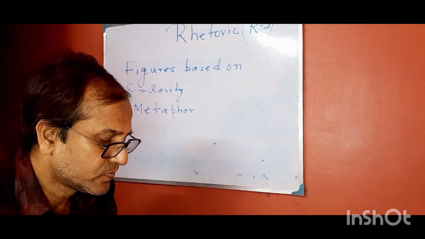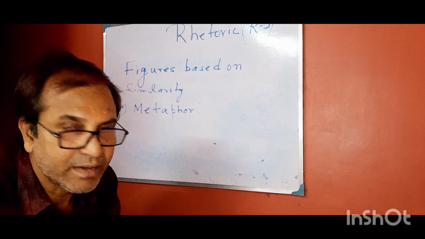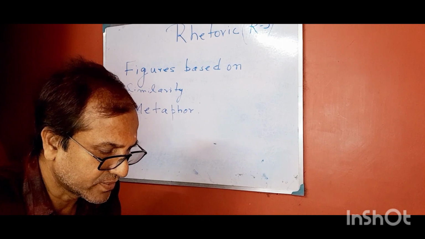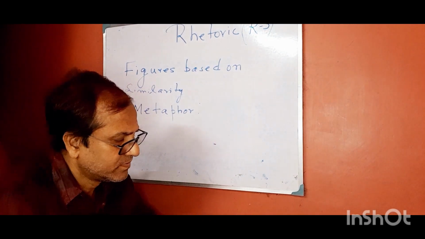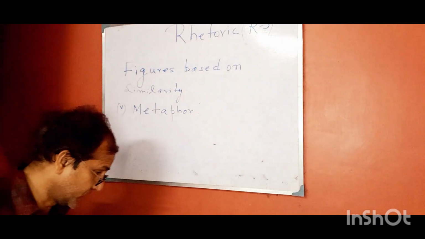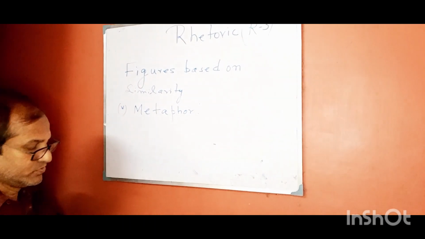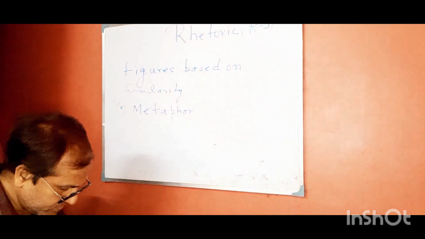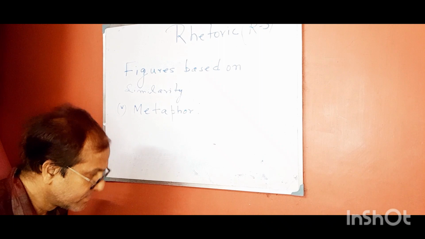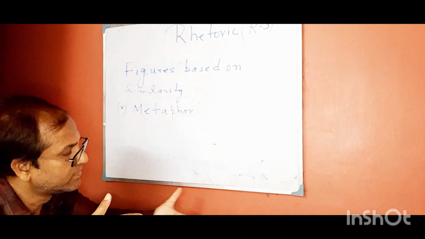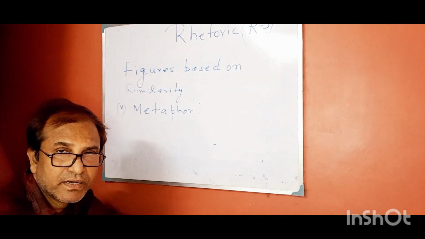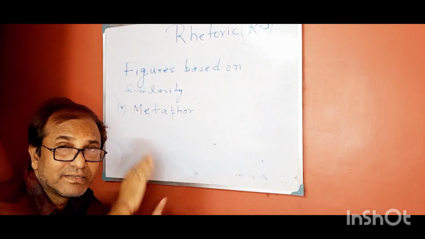Is that clear? The camel is the ship of the desert. Variety is the spice of life. Certain examples will clear your thoughts on this. So what should be the definition? In a metaphor, a closed, hinted comparison is given. A suggested comparison is there.